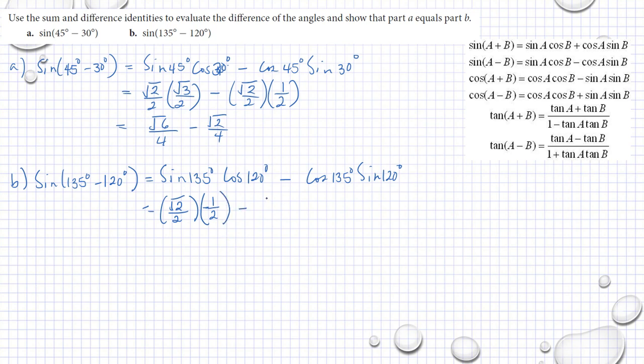Minus cosine 135, that is negative in the second quadrant, square root of 2 divided by 2, multiplied by sine 120, that is square root of 3 divided by 2, still positive because it is sine. Then we have negative square root of 2 divided by 4, and then two negatives make a positive, square root of 6 divided by 4. As you can see, they are the same.